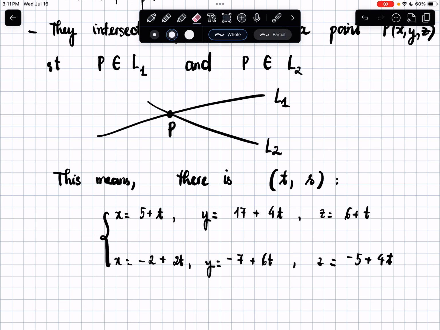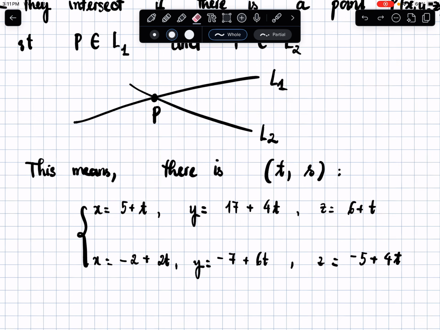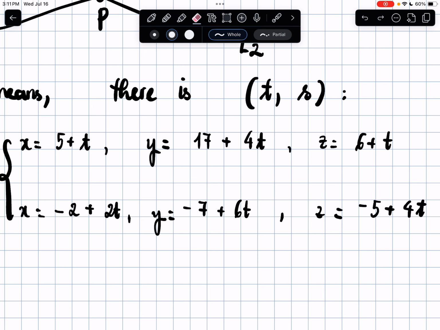So we need to use a different parameter here: 2S, 6S, 4S, S.